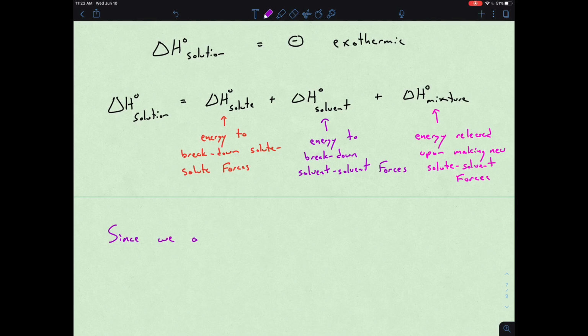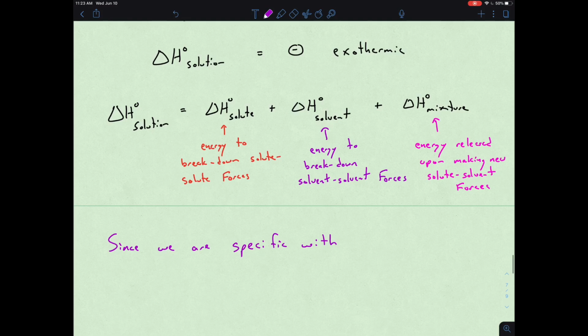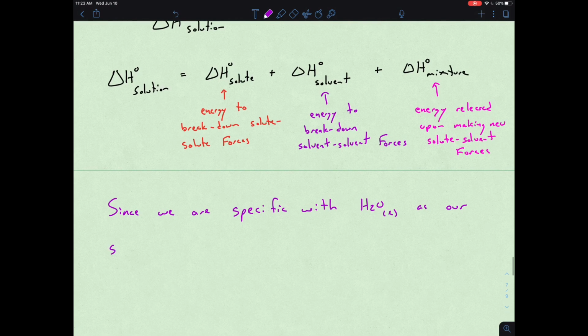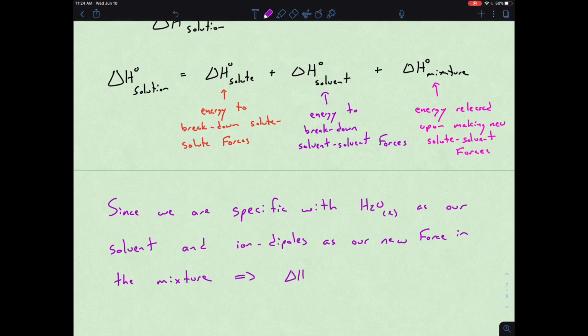Since we are specific with H2O as our solvent, and ion dipoles as our new force in the mixture, we find that there's a combination known as hydration.